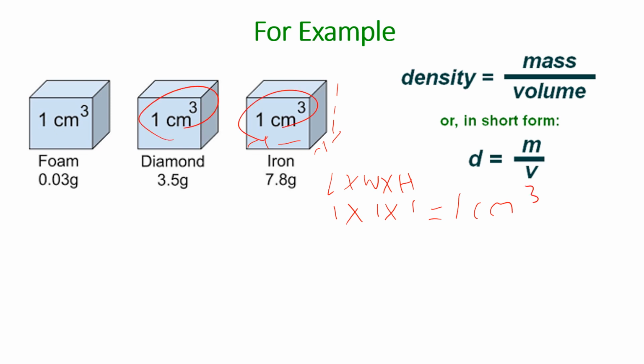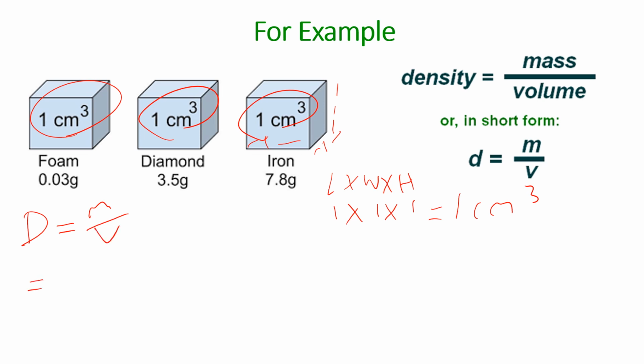That's what we have for all three volumes. The masses vary. When we put these cubes on scales, we come up with different measurements. So you'll always get credit for putting in the formula. So start with your calculation, D equals M over V.